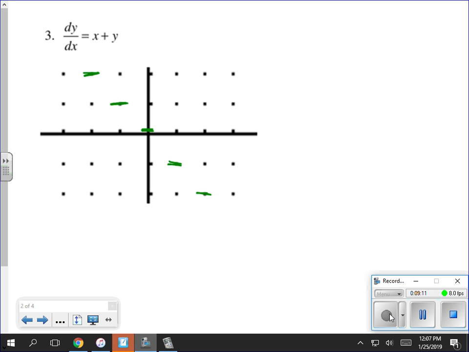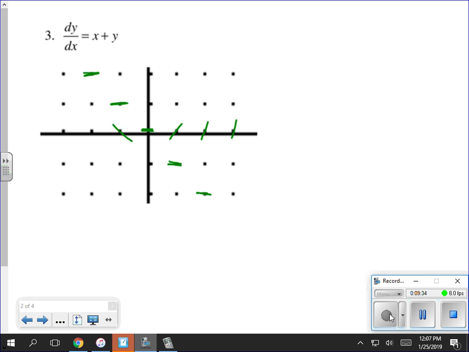This is a relatively easy one. On the x-axis, all your y's are 0s, so it's just the value of your x coordinate along the x-axis. So at 1, I have a slope of 1. At 2, I have a slope of 2. At 3, I have a slope of 3.